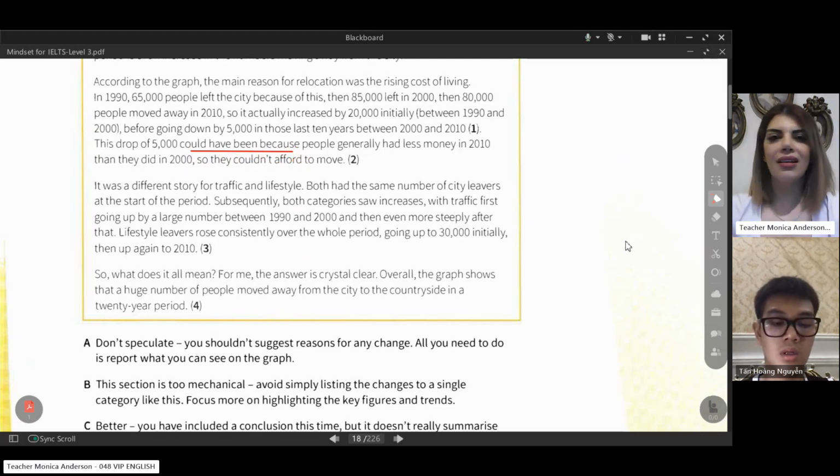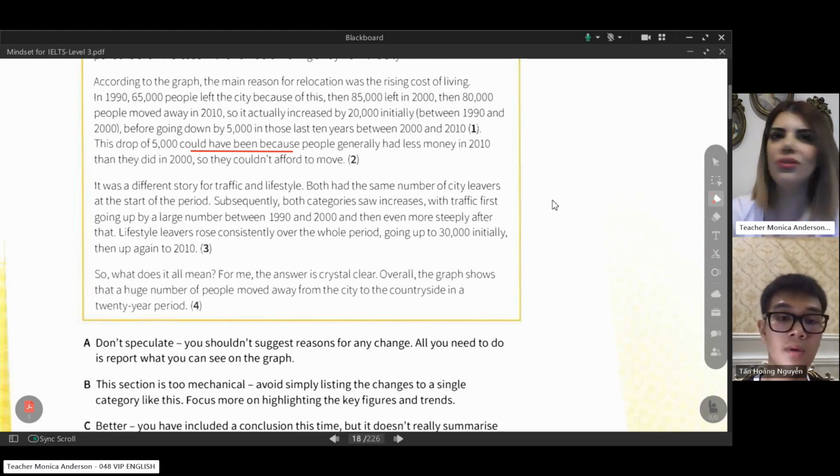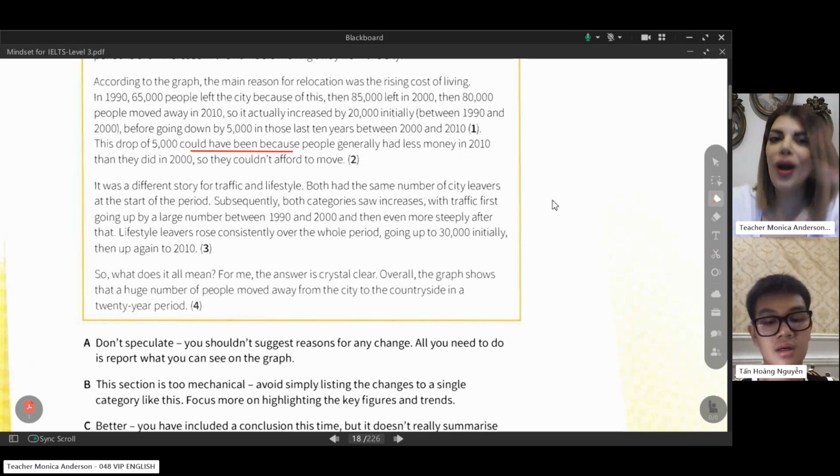because. You are giving something, you're guessing. Don't speculate, don't guess, don't give reasons, don't say why, because we don't know why. Because people had less money, how do you know it? And if you know, why are you giving your opinion? So don't speculate, don't guess.